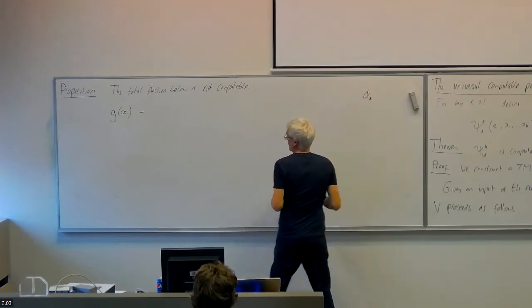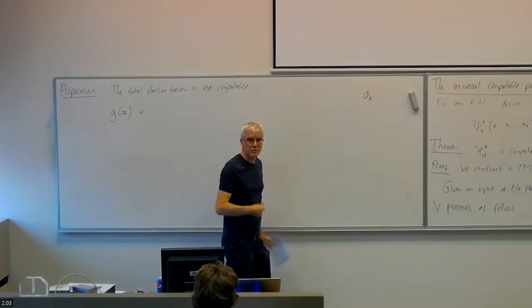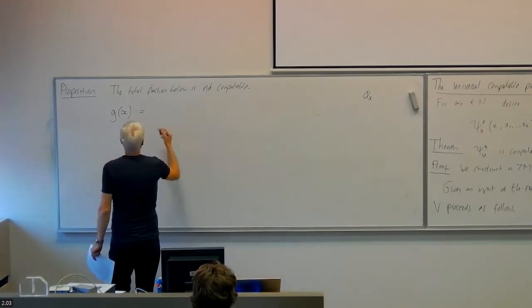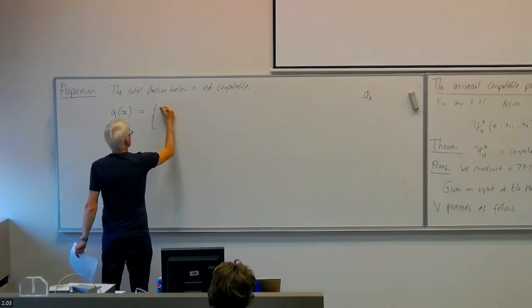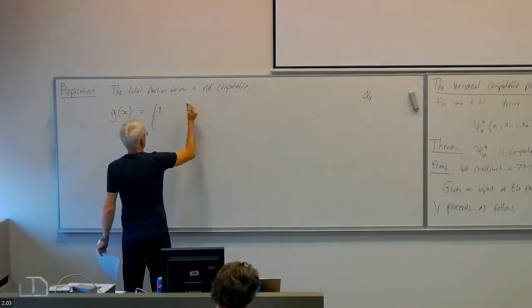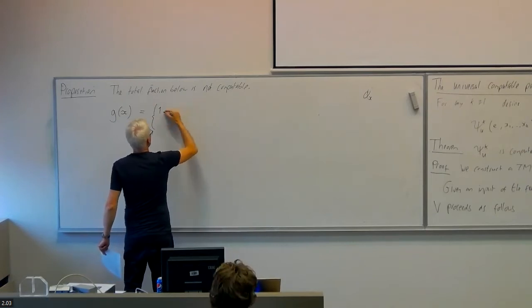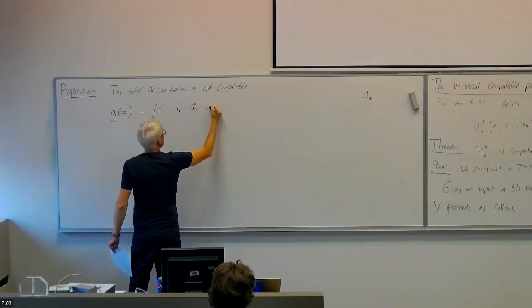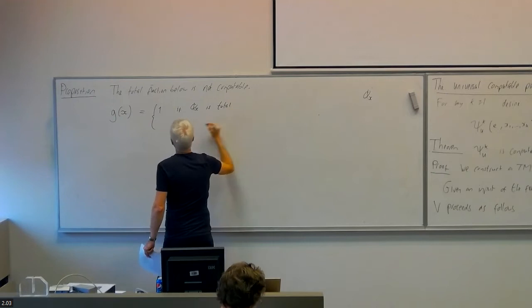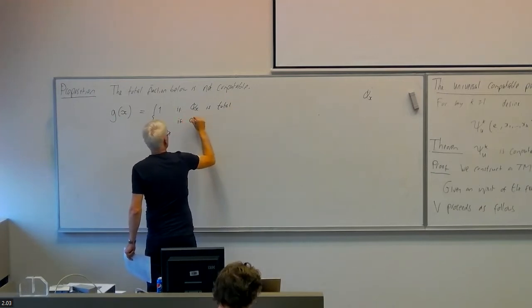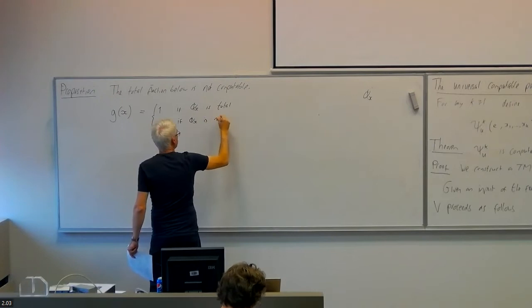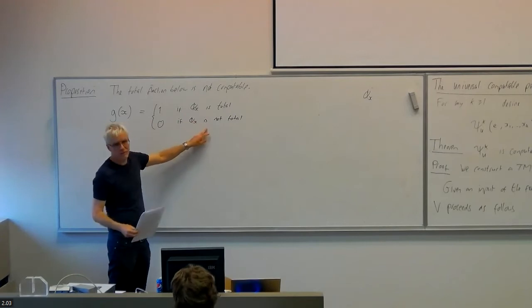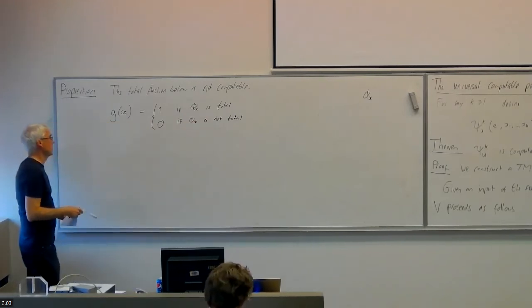So every number represents phi sub X, a computable partial function. The question is, is it total? We want a computer to decide that, so we want it to be computable to answer the question, is it total? So we're going to return 1 if phi sub X is total, and 0 if phi sub X is not total. Total means defined on all numbers, not total means there's at least one number on which it's not defined.